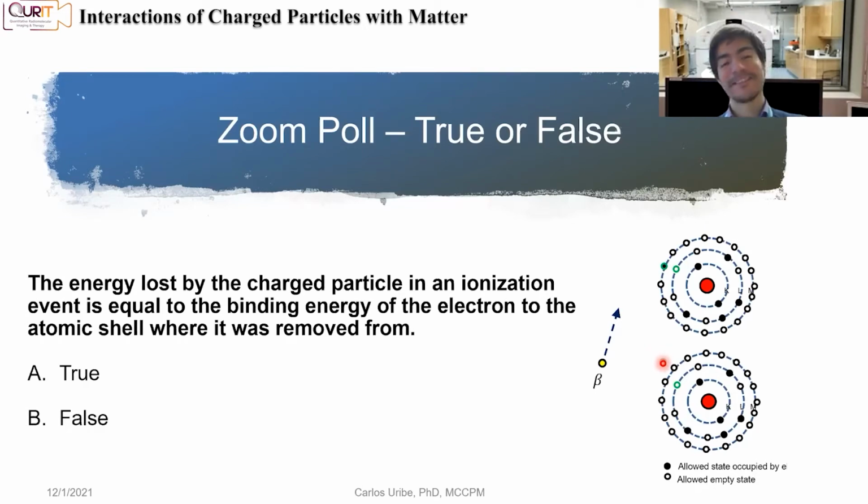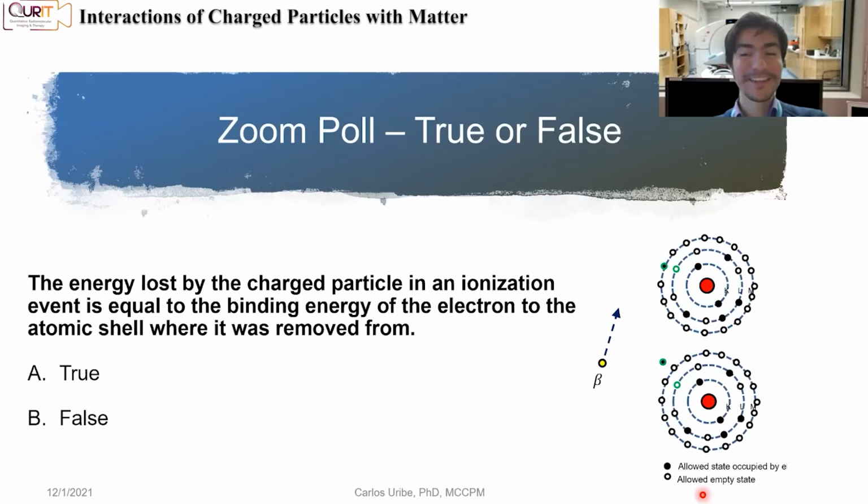However, this particle can transfer more than just the binding energy, because this electron can have a lot of kinetic energy. Because of that, I think the correct answer here is false. It doesn't necessarily just lose the binding energy. It can transfer way more, and then this electron can have a lot of energy. In that case, it will lose the binding energy plus the kinetic energy of that electron.